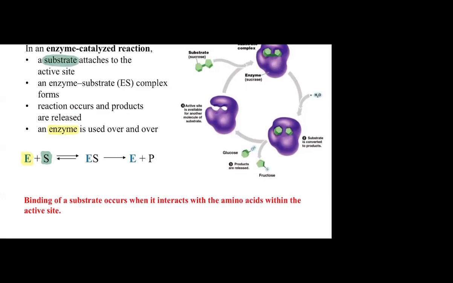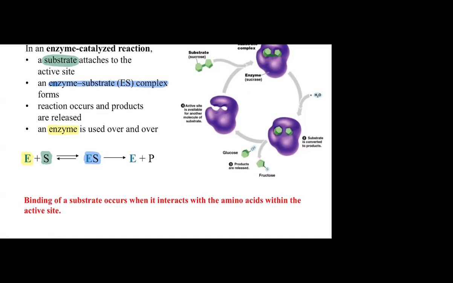And in an enzyme catalyzed reaction, the enzyme and the substrate are going to come together. We can see that we are then going to make what is called an enzyme substrate complex, which is like an intermediate form of the substrate just sitting in the enzyme. Understand that this process is reversible.